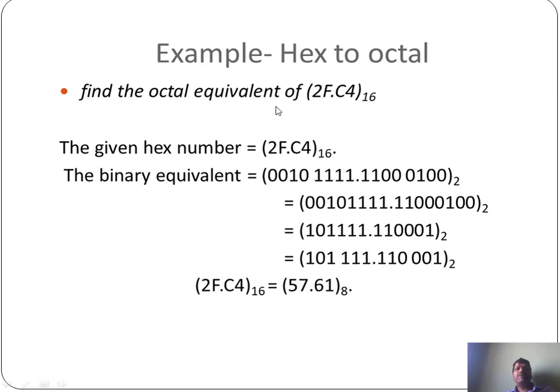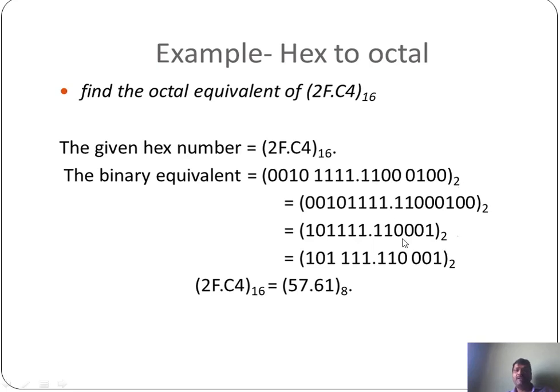So find the octal equivalent of 2F.C4 hex, or base 16. The 16 indicates it is a hex number. You can write H also here. So for this, first convert hex to binary. So 2 is 0010, F is 1111, C is nothing but 12, that is 8 plus 4, 1100, and 4 is 0100 binary.